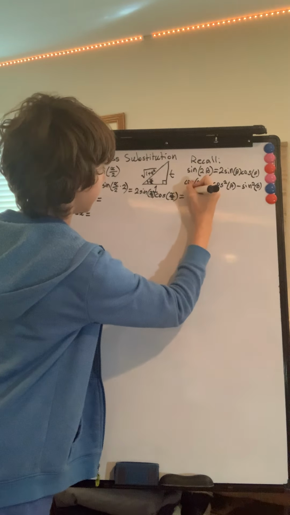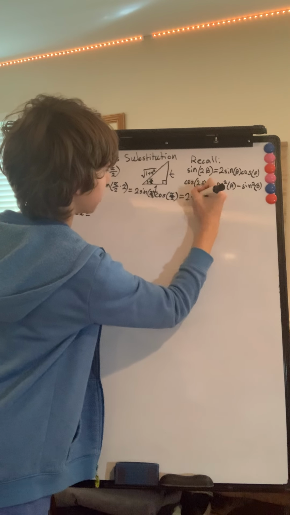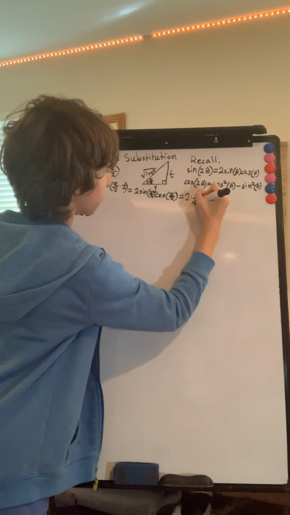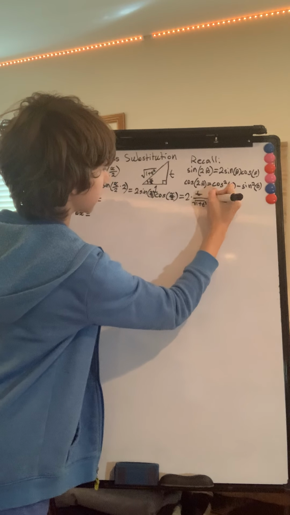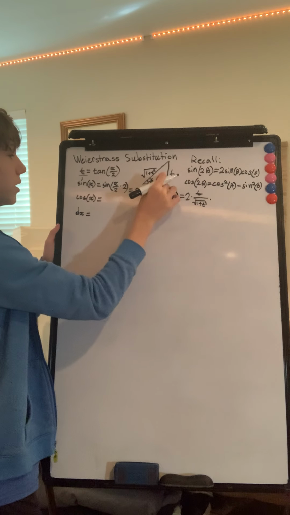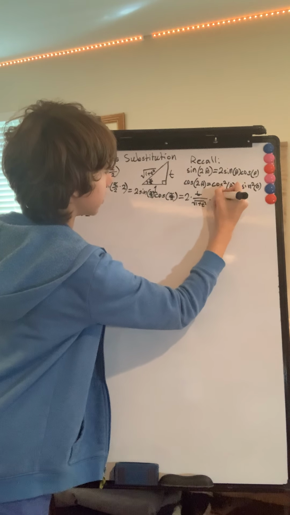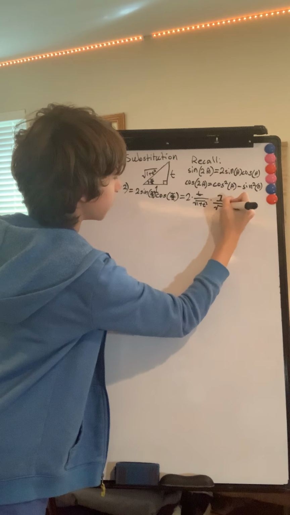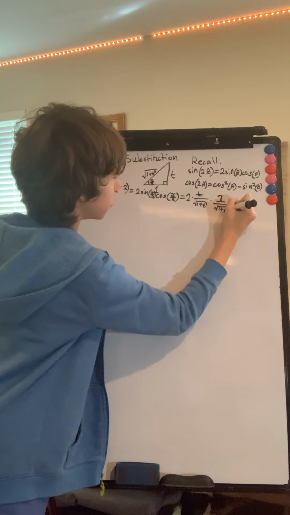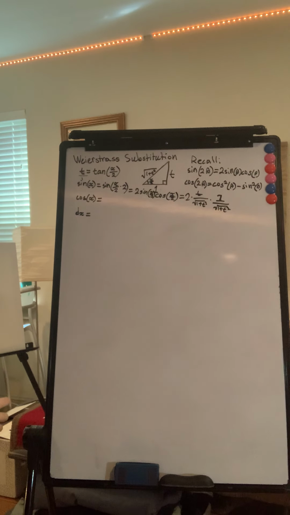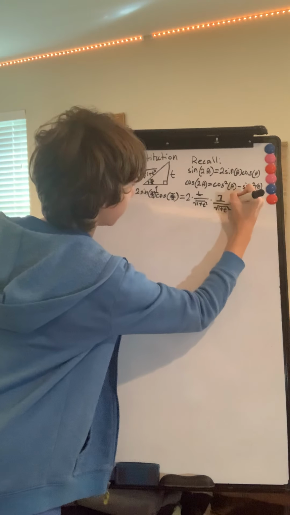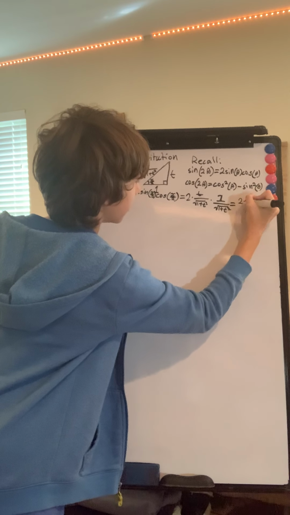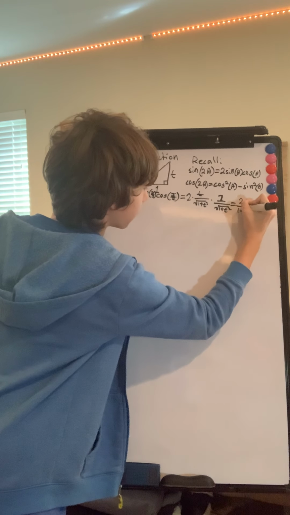And that's going to be t over the square root of 1 plus t squared. That's our sine. And then our cosine is adjacent over hypotenuse, 1 over the same thing, the square root of 1 plus t squared. Okay, and we can easily simplify this. We just get sine of x equals 2t over 1 plus t squared.